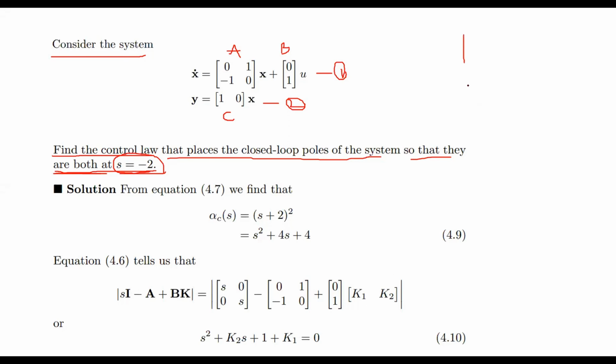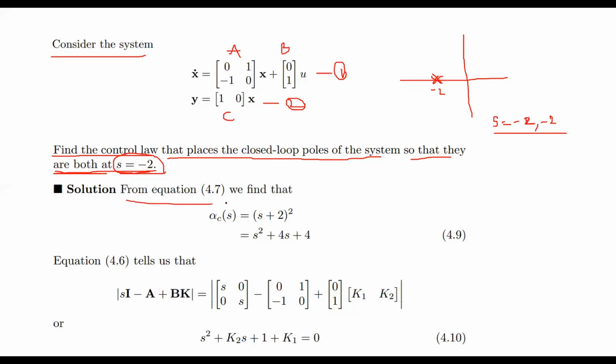So the first pole is located at minus 2 and one more pole at the same place, that is minus 2. That means the poles of the given polynomial are s is equal to minus 2 and again minus 2. That is a repeated pole.